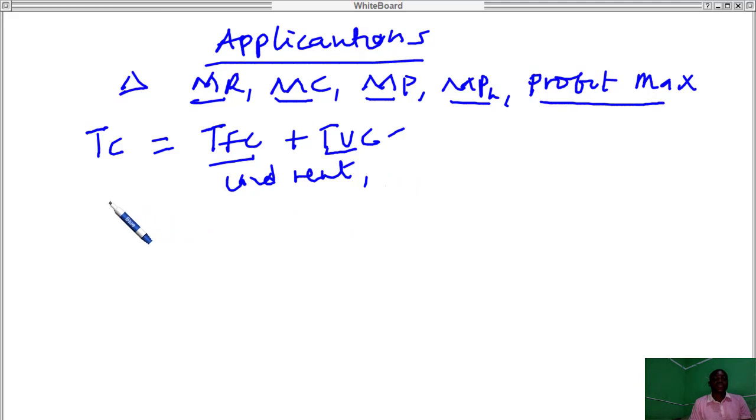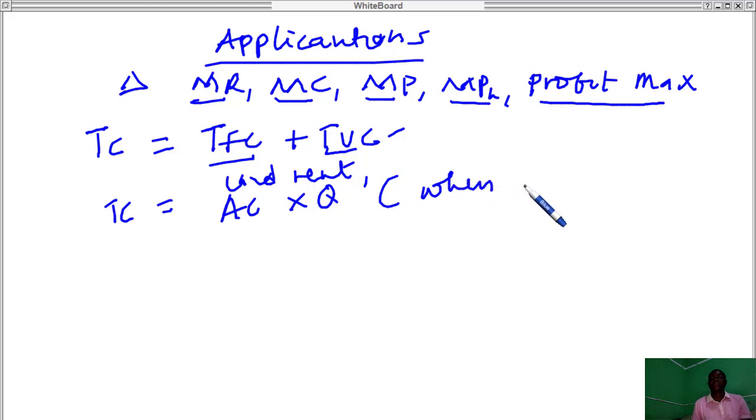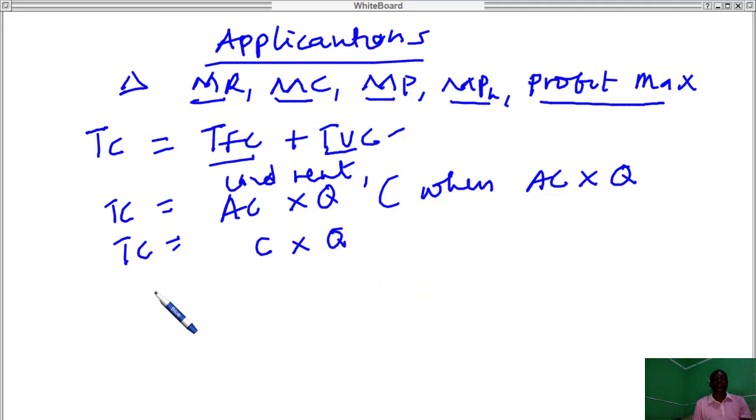Good. So total cost can also be average cost times quantity. So when they give you average cost, you just multiply it by quantity to get total cost. Total cost can also be unit cost times quantity sold. So marginal cost is the change in total cost over the change in quantity or output.